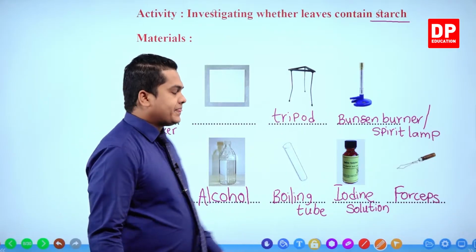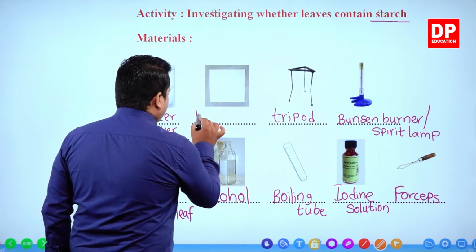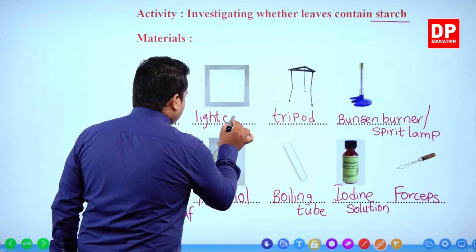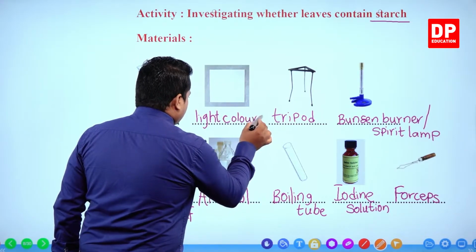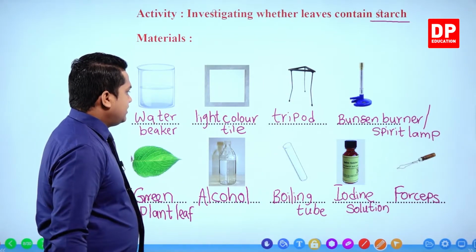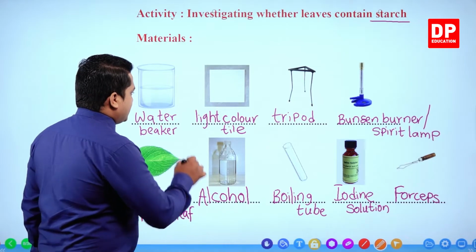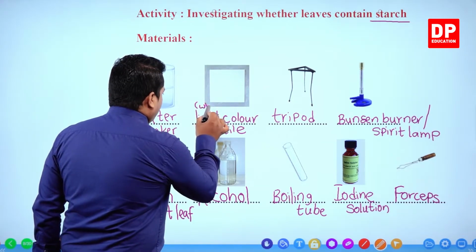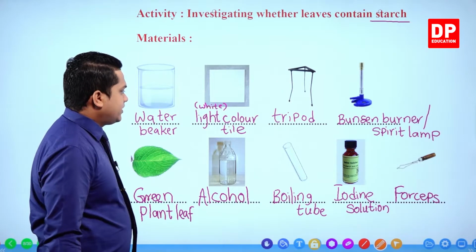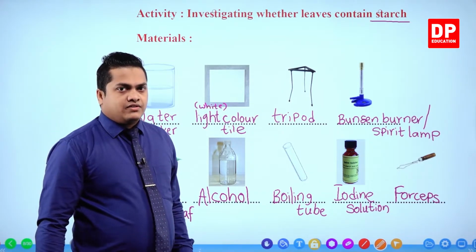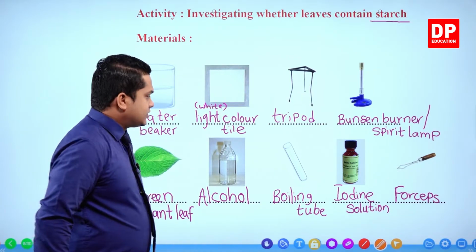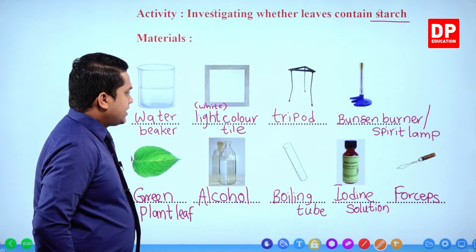So a light color tile. Light color means white would be great. If you don't have a white one, you can use any kind of light surface.